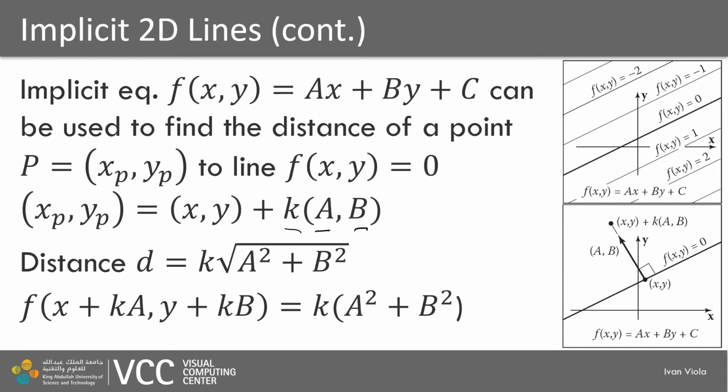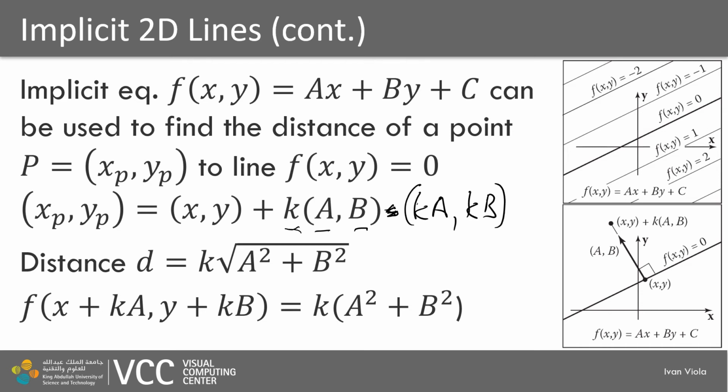However, there is an unknown k. So the distance of the point P from the line is this vector, which is also equal to the vector (ka, kb).